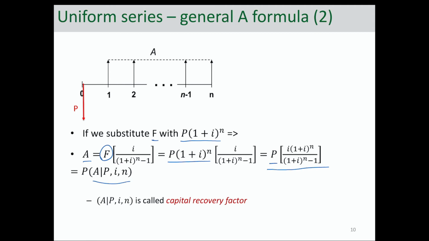The factor associated with that is A given P, and this factor is called capital recovery factor, because A amount of money has to be earned over time to recover the P capital investment.